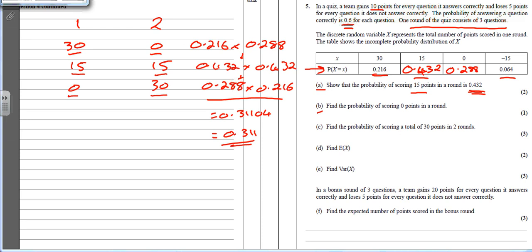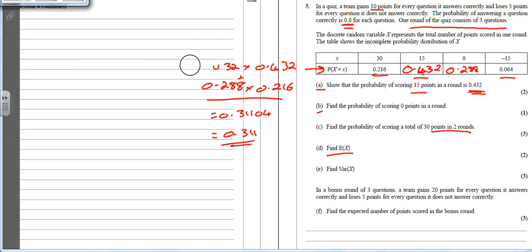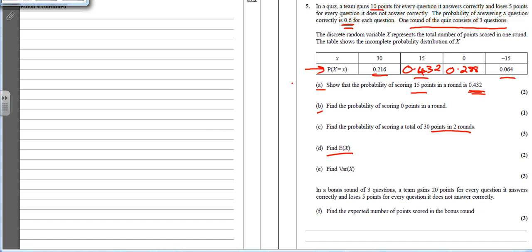So now we've worked that out. We've now got to find the expected value of x. And again, this is something that we've done in the previous question. So it's going to be the same thing. You've got to do this times this, this times this, this times this, this times this, and add them all together.